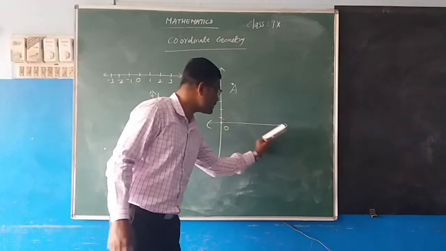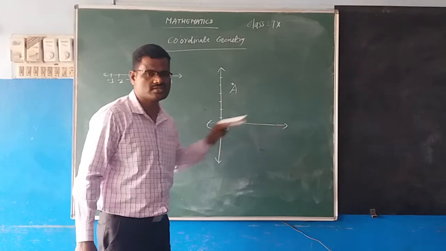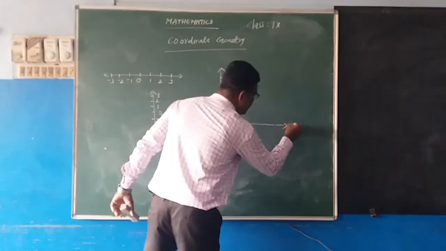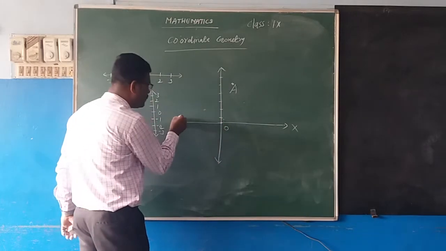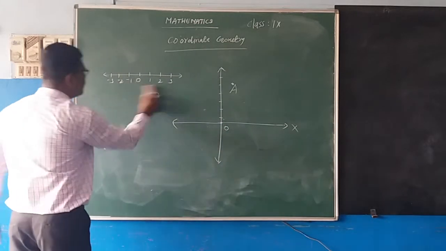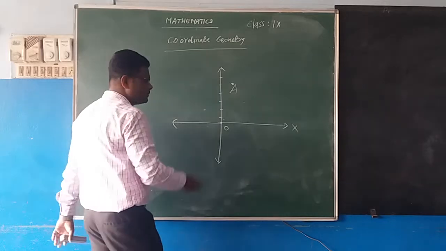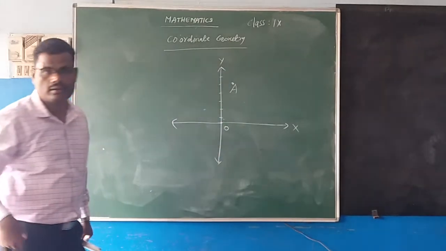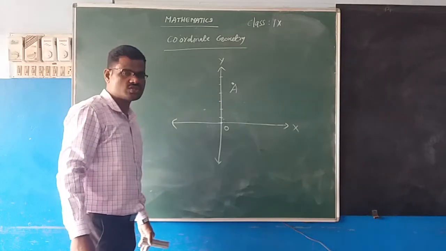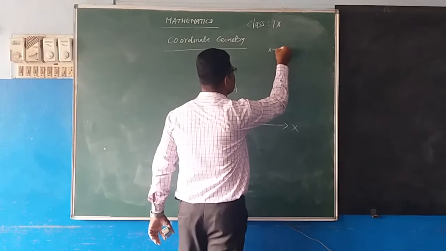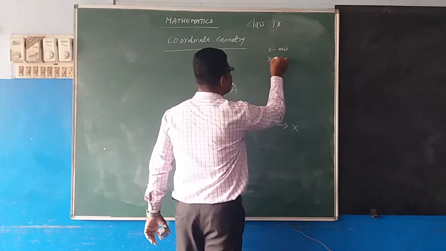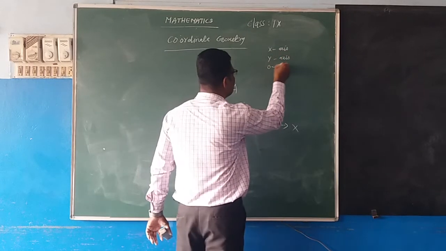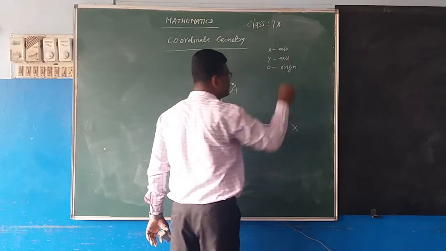So this is called the coordinate axis. The horizontal line is called the x axis, and the vertical line is called the y axis. Where the x axis and y axis intersect, that point is called the origin. Clear?